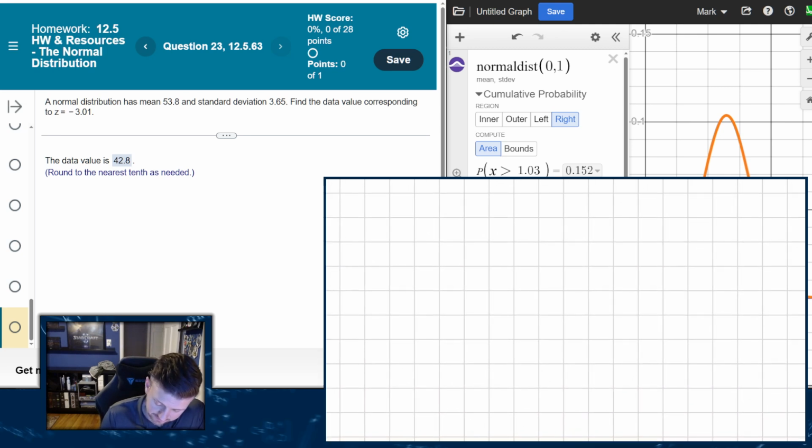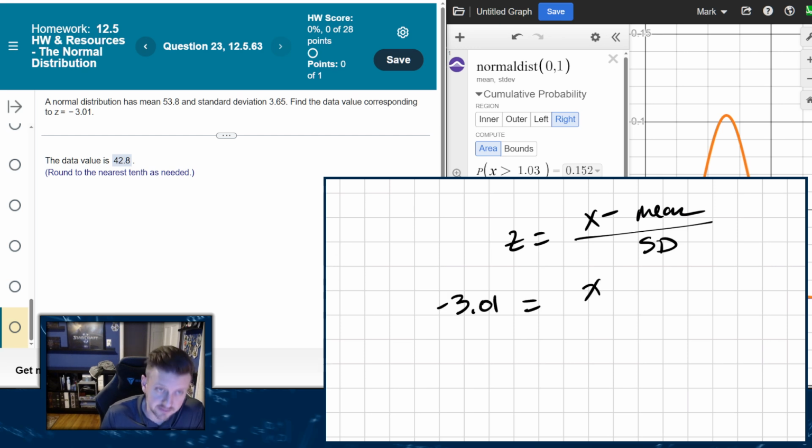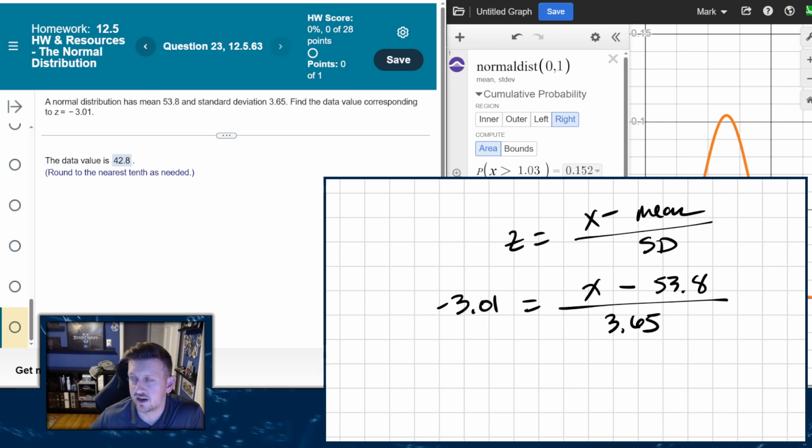So algebraically, reminder, we have z is equal to x minus the mean divided by the standard deviation. We're told that z is negative 3.01. I don't know the x, so I'll just leave it as x minus the mean of 53.8 divided by the standard deviation of 3.65. If you need a little bit of a nudge, try to solve it from here.